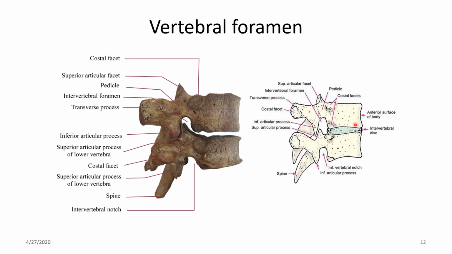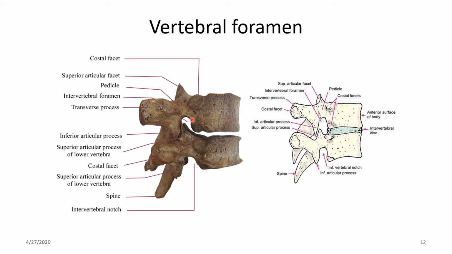So in this picture you can see the intervertebral disc, and along the lateral surfaces of the body you are seeing the superior costal facets near the upper border, and this is the inferior costal facet. Similarly, for this vertebra also, you are seeing the superior and inferior costal facets.